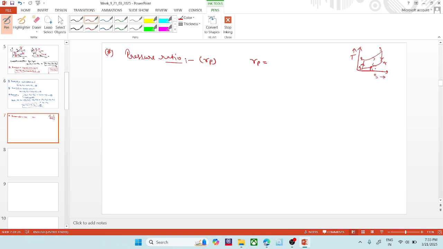This process is at pressure P1 and this process is at pressure P2, so the value of RP would be the ratio of upper pressure to lower pressure, P2 by P1. My pressure ratio is defined like this, and I will denote it by equation number 7.